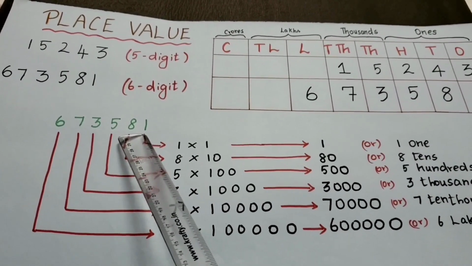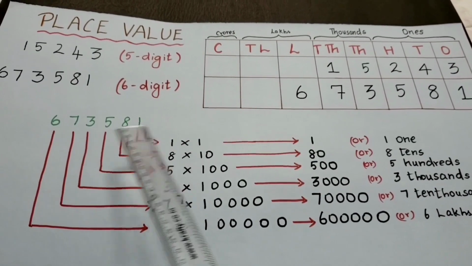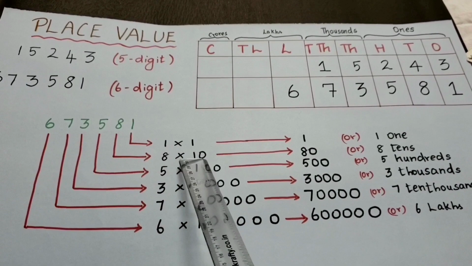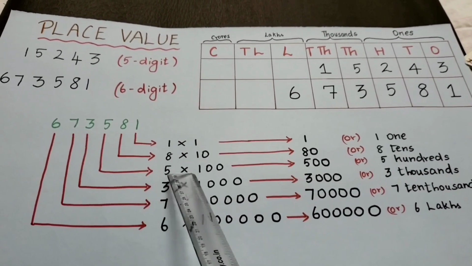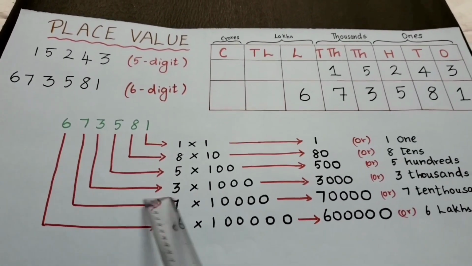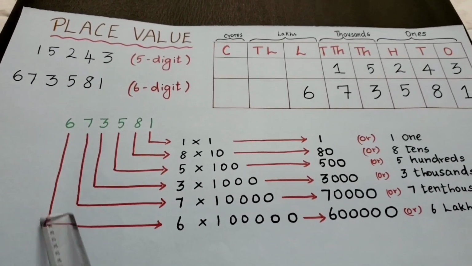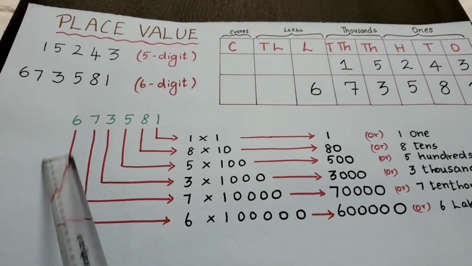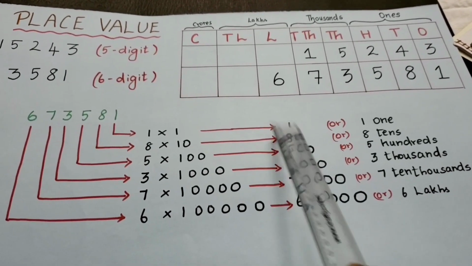Since 1 lies in ones place, we are representing 1 into 1 times. 8 lies in tens place, 8 into 10. 5 lies in hundreds place, 5 into 100. 3 lies in thousand place, 3 into 1000. 7 lies in 10,000, 7 into 10,000. 6 in lakhs place, 6 into 1 lakh.